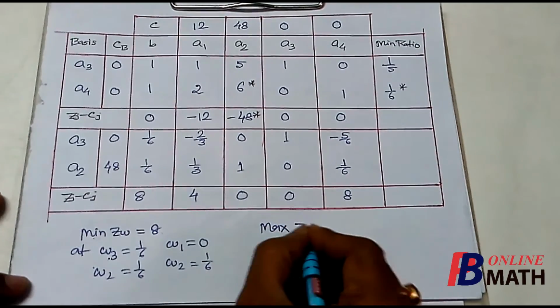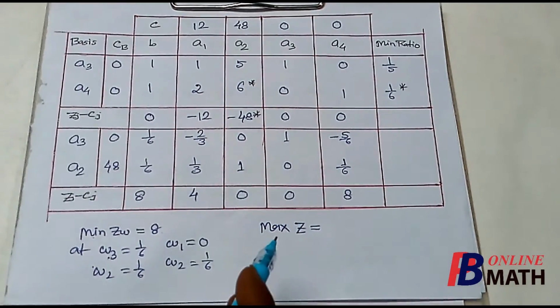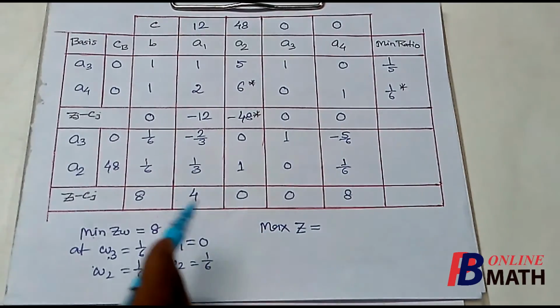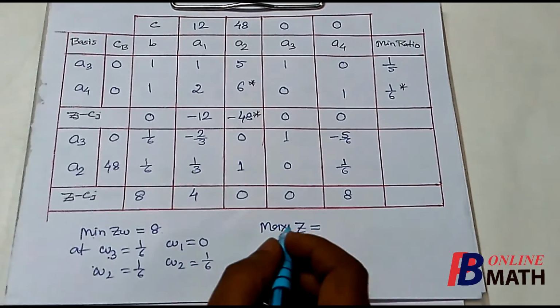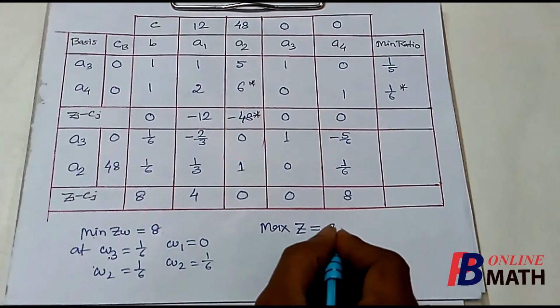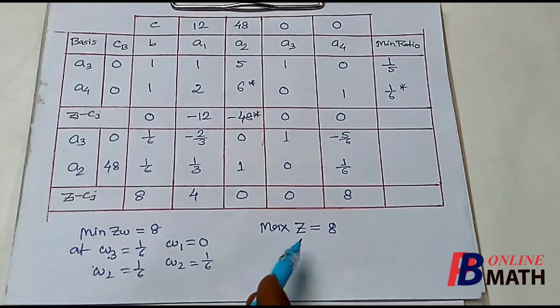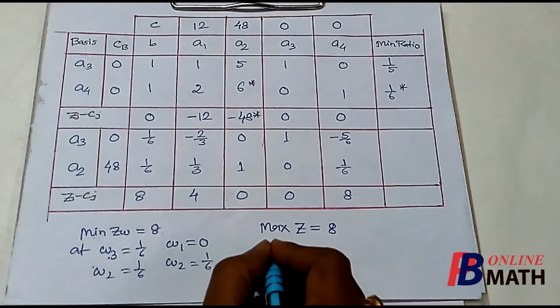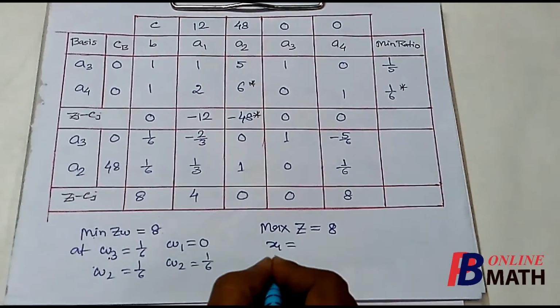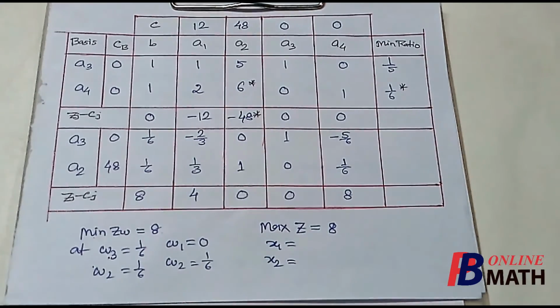So max z will be the same value as we have obtained for the dual problem. So max z equal to the same value 8, which is the final optimal solution of the dual problem. Now we have to find the value of x1 and x2. So we have obtained that the value of the objective function for the primal problem is max z equal to 8. Now we have to find the value of x1 and the value of x2.